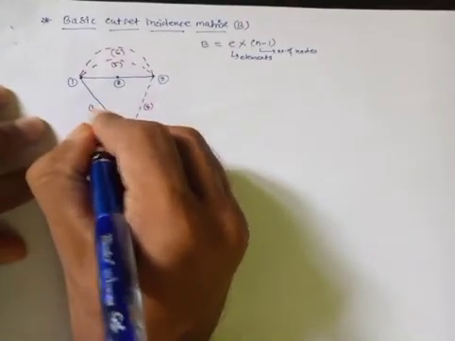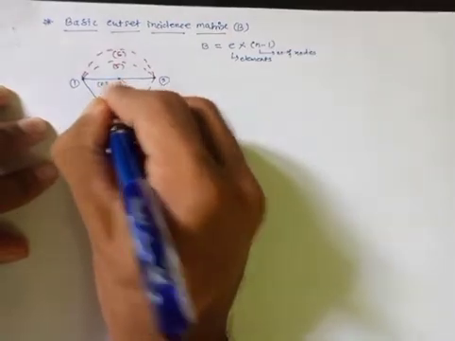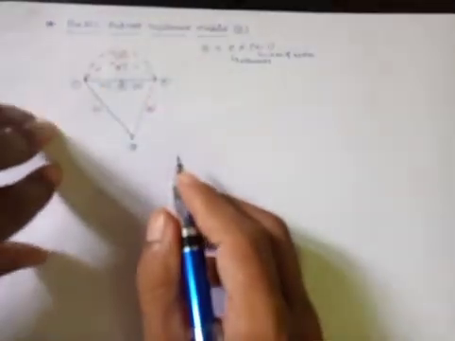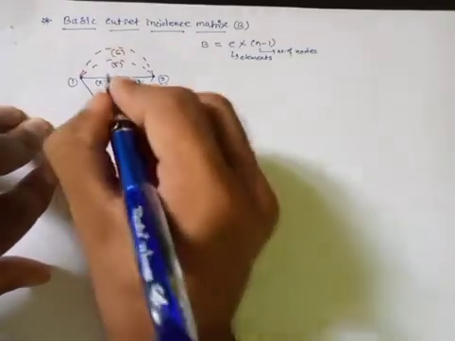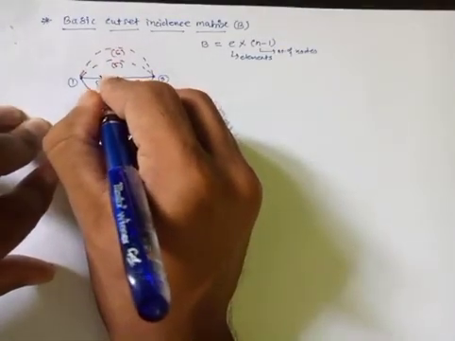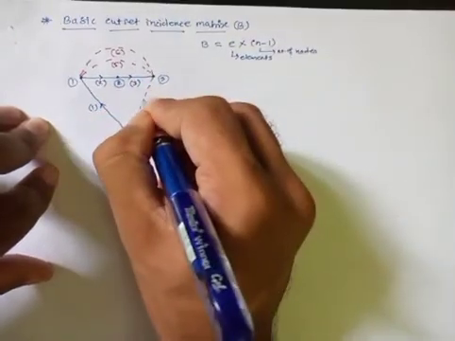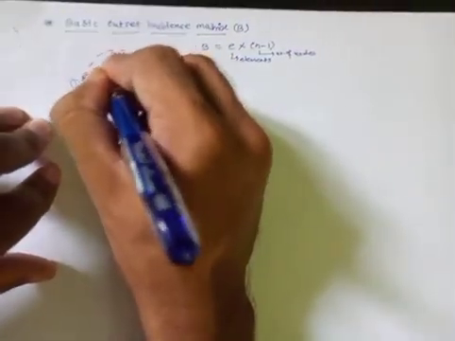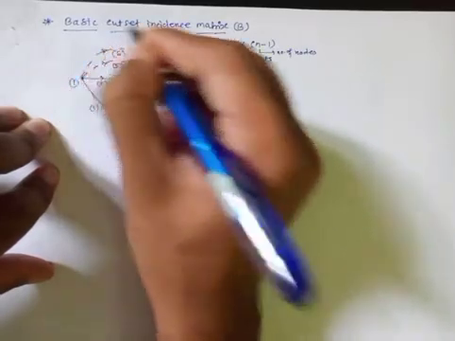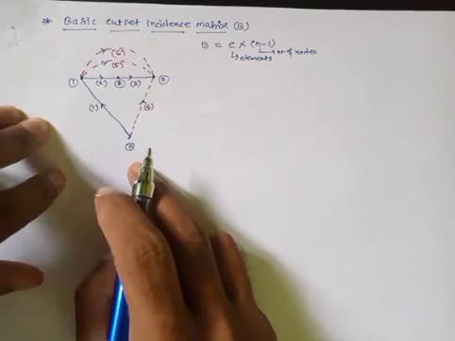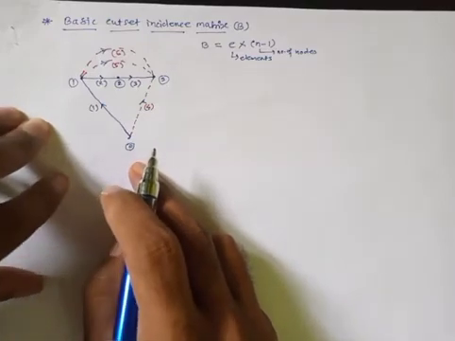So this is your element number 1, element number 2, element number 3, 4, 5, 6. Now in this oriented graph we will give the directions here as per the given directions. These are the assumed directions, or given in the network itself.